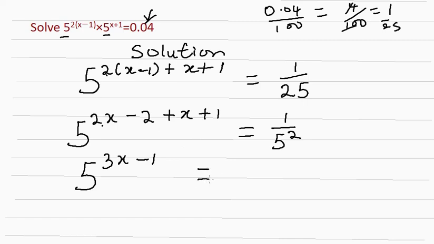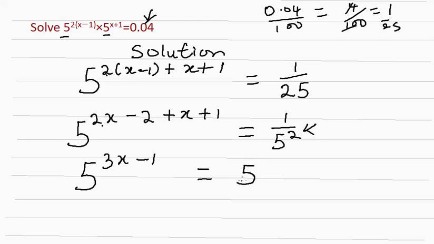Okay, so now remember, solving this type of equation in indices, I will have to make sure that I have the same base at both sides of the equation, so that I'll be able to cancel the base and equate the powers. So of course, for me to do that, I have to find the reciprocal of this. So the reciprocal of this is 5.